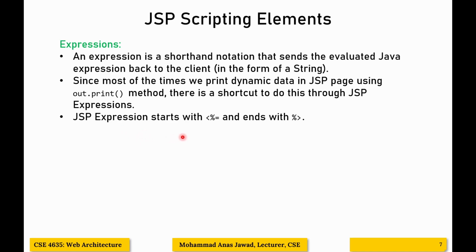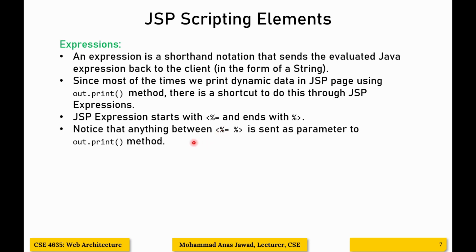JSP expressions are written inside <%= %>. Notice that anything that is written inside an expression tag is sent as a parameter to the out.print method. That is, JSP expressions basically replace the out.print method.